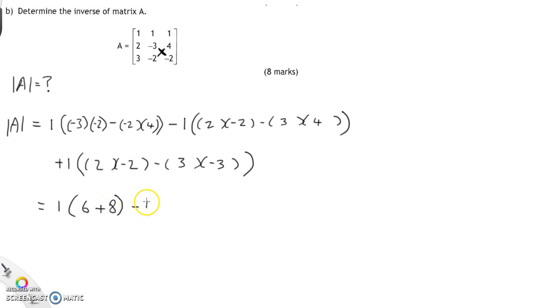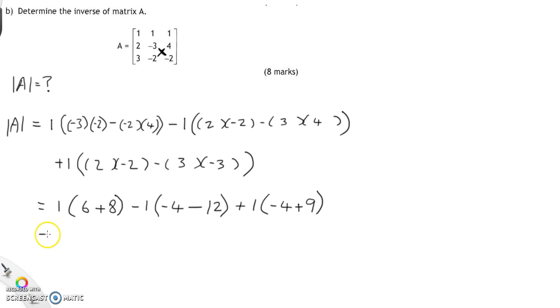Then we have minus 1 times 2 times minus 2 is minus 4 minus 3 times 4 is 12. And then finally we have plus 1 times 2 times minus 2 is minus 4 minus 3 times minus 3 is minus 9, and minus 9 is actually going to give us a plus 9.